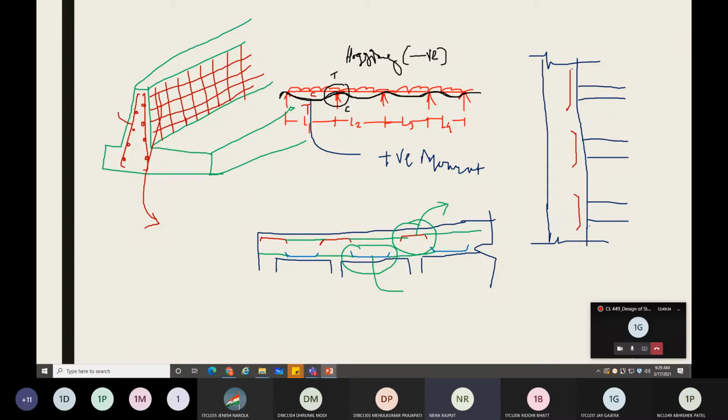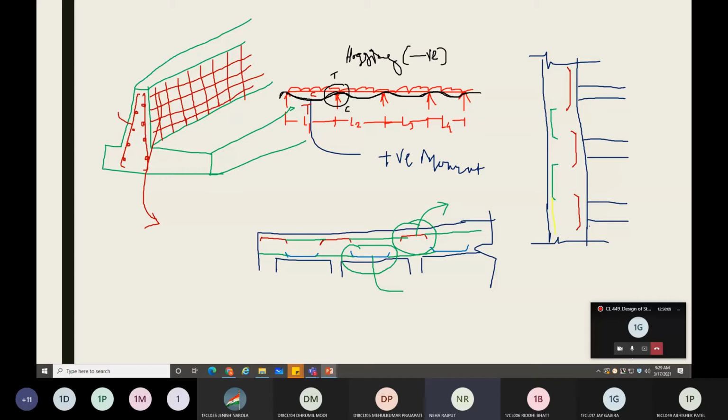Here also horizontal reinforcement, and in the span in between the supports, the span is facing tension at top, so here at the span the tension reinforcement will come like this, right? And these are the main reinforcement you are going to place, and throughout the length also you are going to provide reinforcement.